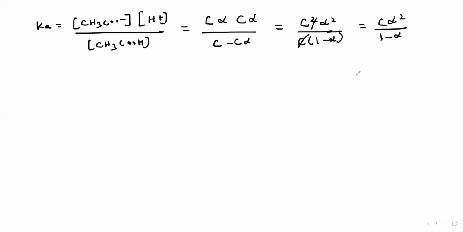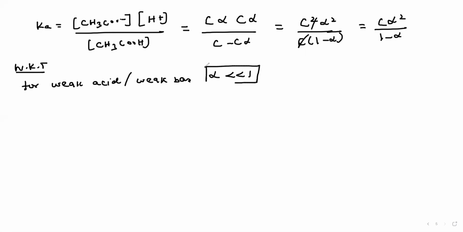Now we know, very important, please note, that for weak acid or weak base, alpha is less than 1, a very, very low value. Therefore 1 minus alpha is negligible and is ignored.